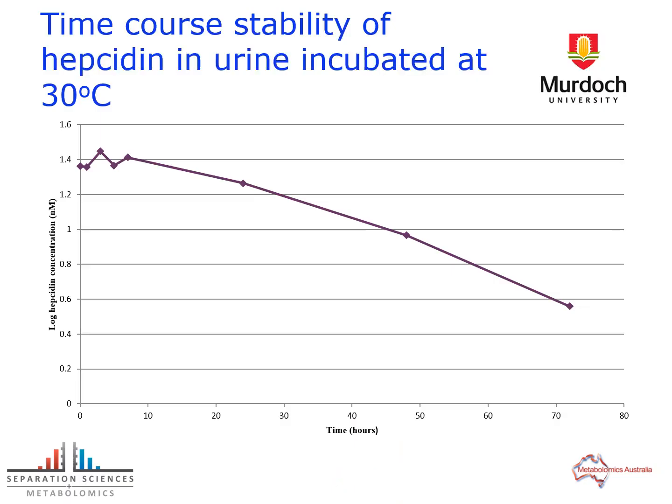The time course stability of hepcidin in urine incubated at 30 degrees shows that we really need to be careful. Whilst 30 degrees may seem extreme for a lot of people, there are certainly laboratories in Australia that are not air conditioned that will readily reach 30 degrees during summer. And as long as we are able to process the samples within 6 to 8 hours, the precision of measurements is generally very good. But if we leave that for much longer, it really does become a problem.